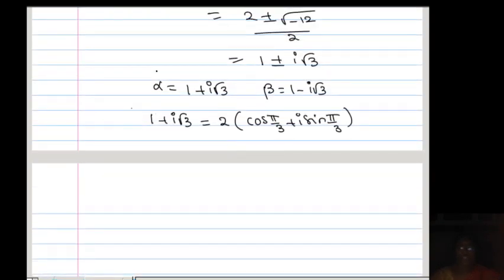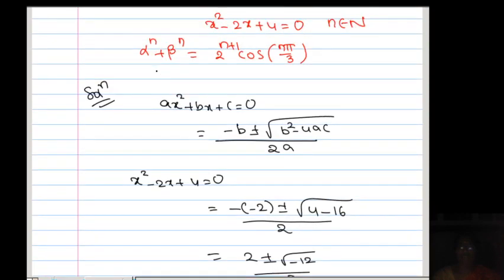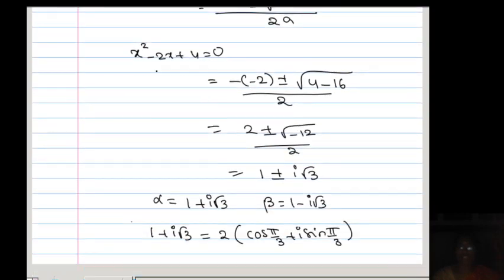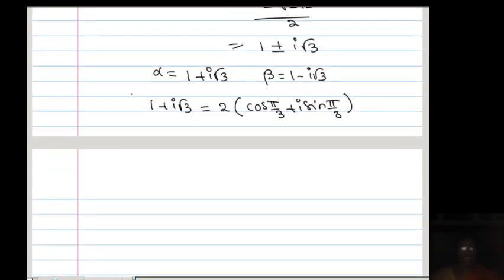Next, 1 minus i root 3. So here what is beta? 1 minus i root 3. For alpha power n plus beta power n, I first want to write beta in polar form. 1 minus i root 3 can be written as again 2, and it lies in the fourth quadrant.